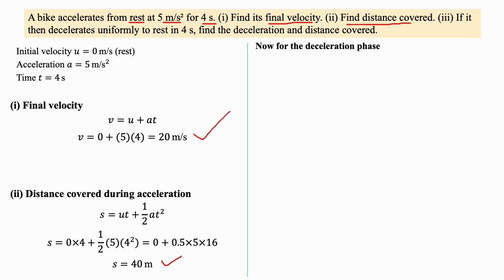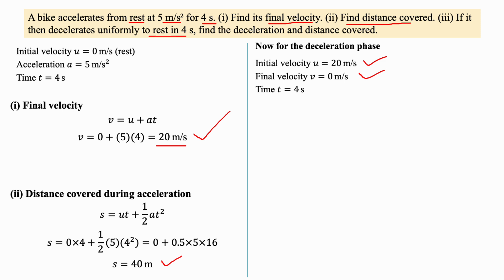Now for the deceleration phase, this final velocity will be the initial velocity. So the bike will be applying the brakes and eventually it will stop. So the initial velocity is 20 meters per second now, and the final velocity will be 0. It decelerates uniformly to rest in 4 seconds, so time is 4 seconds again.